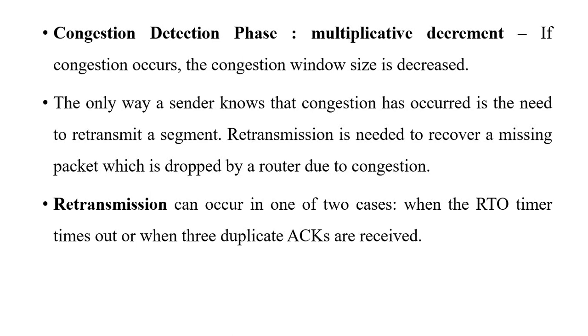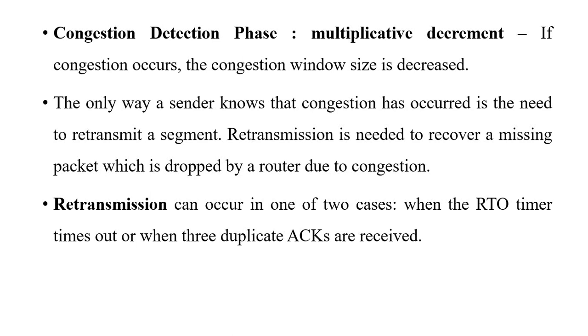Retransmission is also possible to recover the missing data packets which were dropped by the router due to congestion. TCP supports retransmission, and retransmission occurs in two ways: when the timer times out, or when 3 duplicate acknowledgements are received.